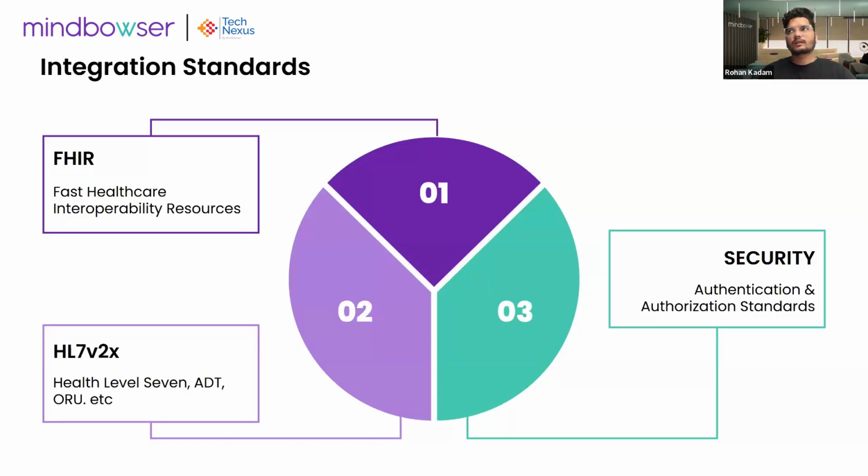There is one advantage that I'd like to point out here: HL7 is very good for event-based updates. If you want to receive live updates from the hospital, such as when a patient gets admitted or discharged, or is being observed by the provider, it is very good for that.